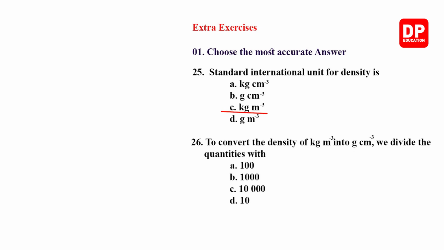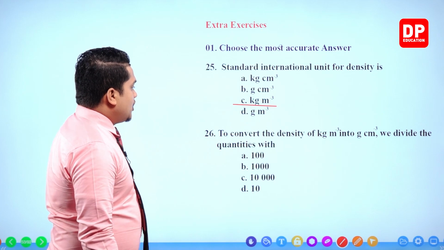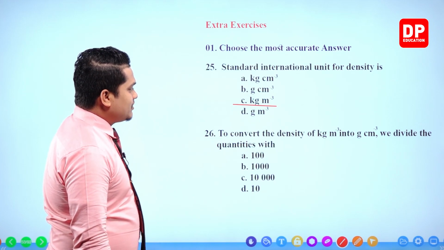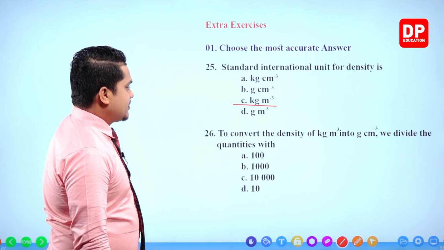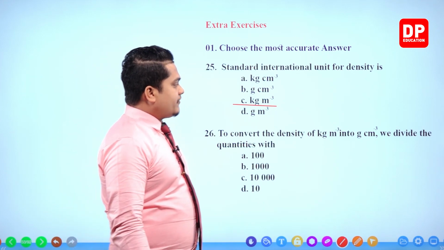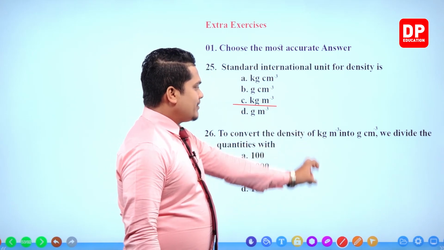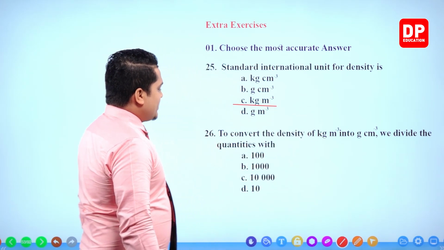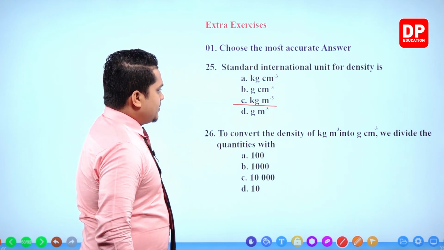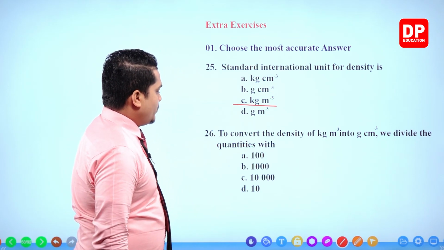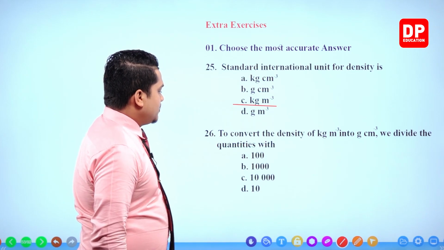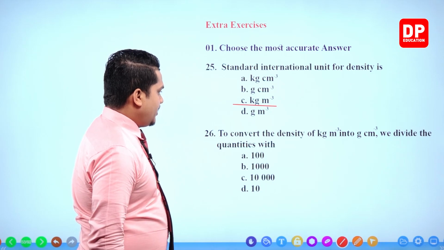Next one, to convert the density of kg m^-3 into g cm^-3, that means to convert density of kilograms per cubic meter into grams per cubic centimeter, we divide the quantities with 100, 1000, 10,000, 10.